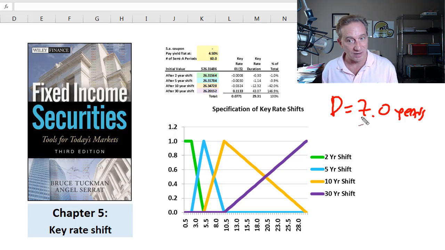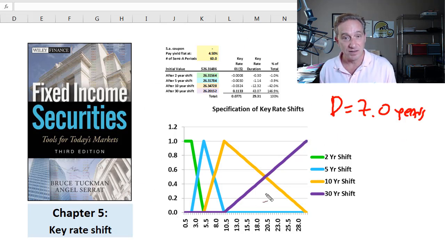That's the implicit assumption of the single factor risk measure called duration. So she neutralizes with the duration of 7 years, then she will be protected if the term structure in fact shifts in parallel. But what if it does something else like steepens or twists? Then actually the duration won't work.